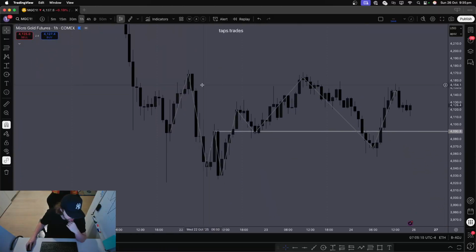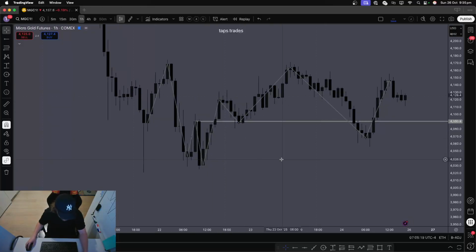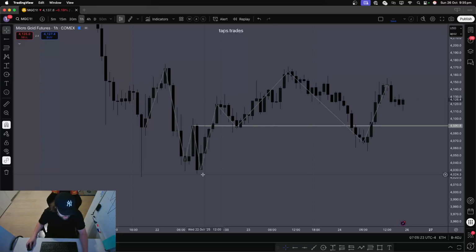We're making lower lows and lower highs. But what's interesting, as time progresses, we know from the very simple fundamentals of trading an uptrend or a downtrend, if a swing low or a swing high is broken, that signifies a potential change in direction.